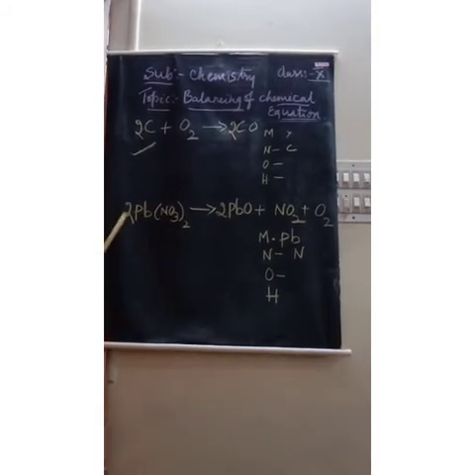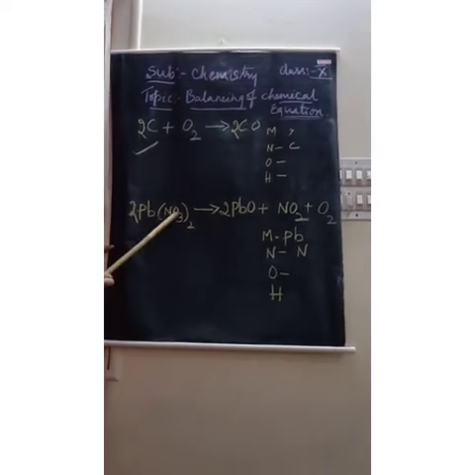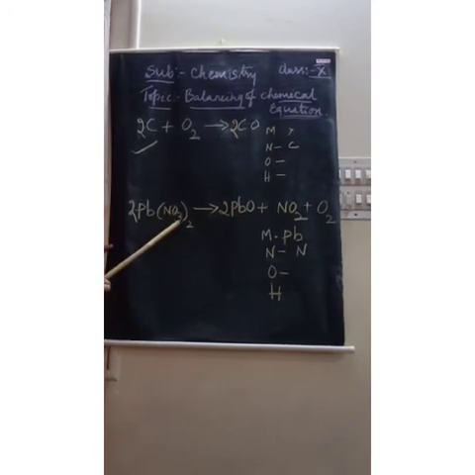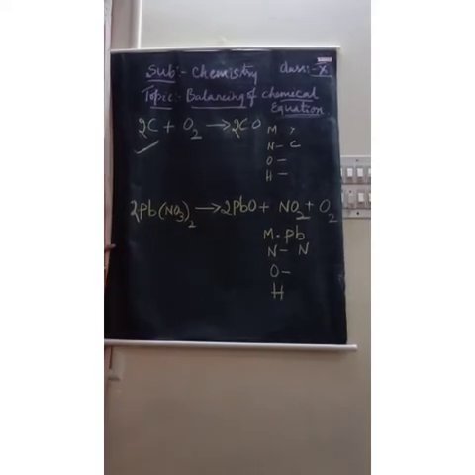Clear? 2 Pb. What about nitrogen, children? So here, 2 NO3. This is the radical nitrate. So this NO3 group, radical group, the 2 is applicable for nitrogen and we have to multiply with the subscript. 3 2s are 6 oxygen are there.